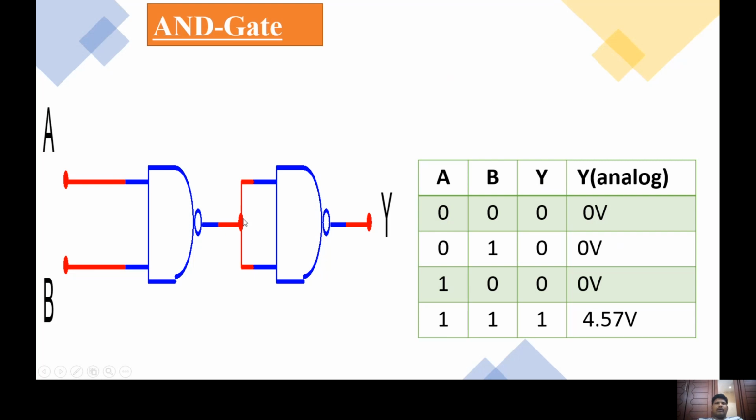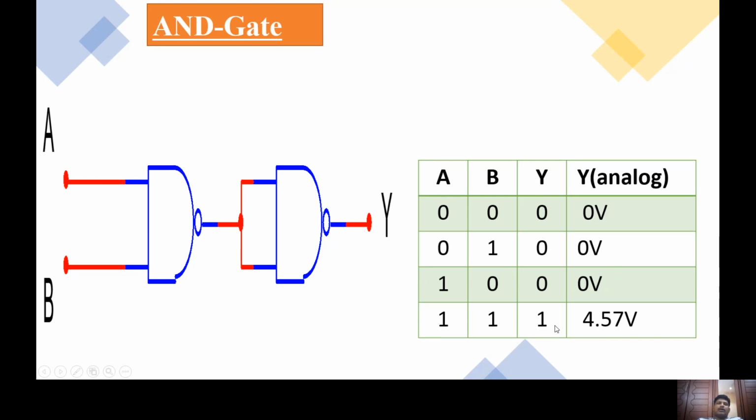When you provide 1 1 to the next NAND gate, the output is 0. Similarly, for 0 1, the output is 1. If I provide 1 1, the output is 0. If I provide 0 0, the output is 1.